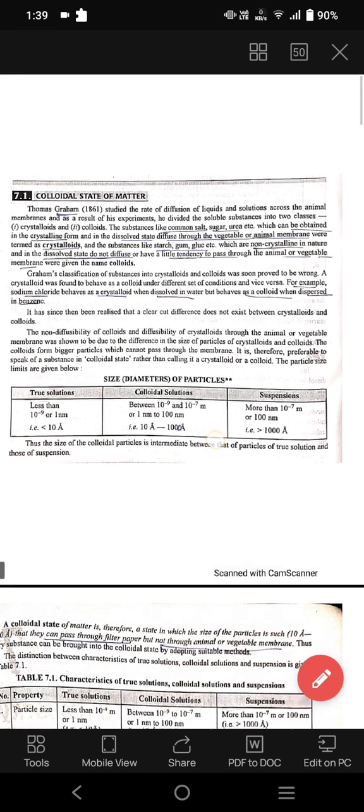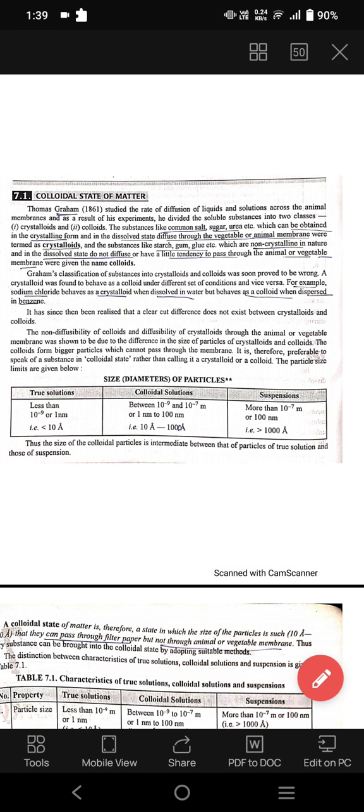So, Thomas Graham, 1861, studied the rate of diffusion of liquids and solutions across the animal membranes, and as a result of his experiments, he divided the soluble substances into two classes: first, crystalloids, and second, colloids.